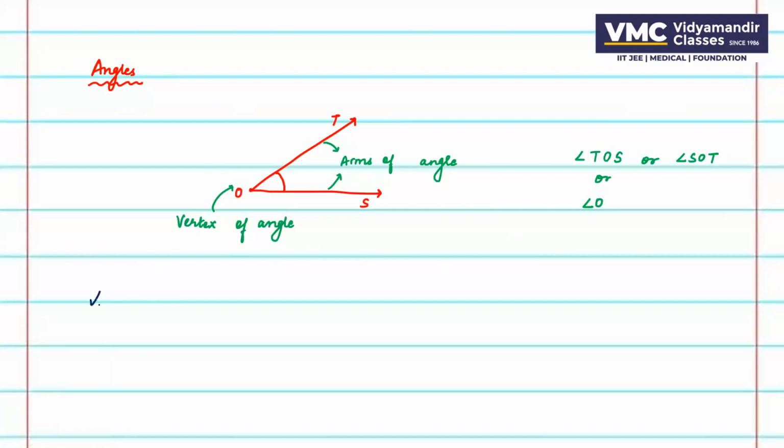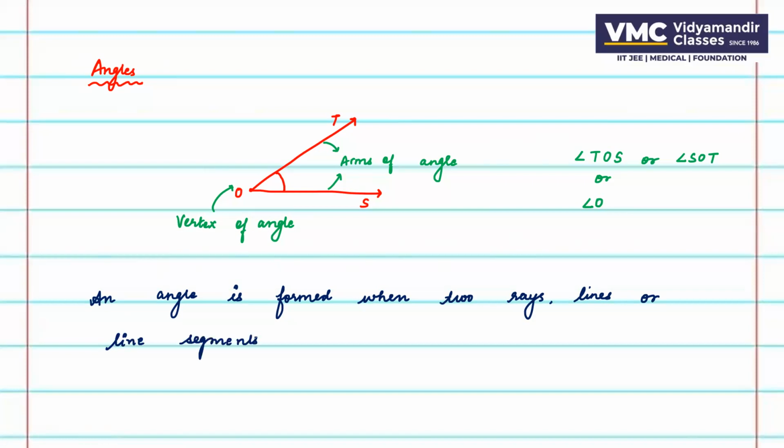So you can write down that an angle is formed when two rays, lines, or line segments originate from the same endpoint.